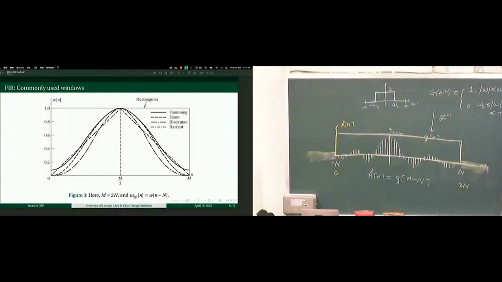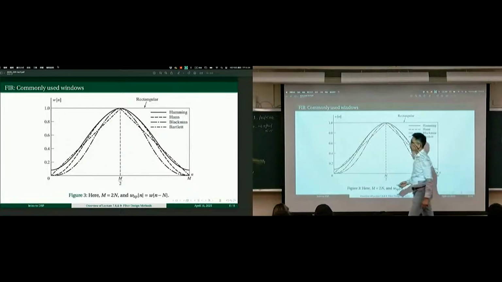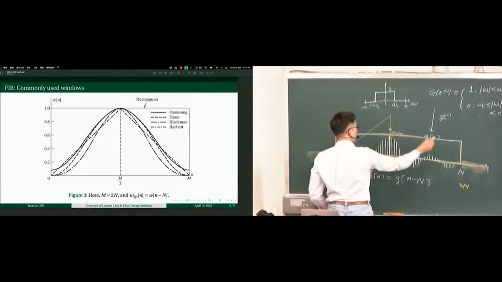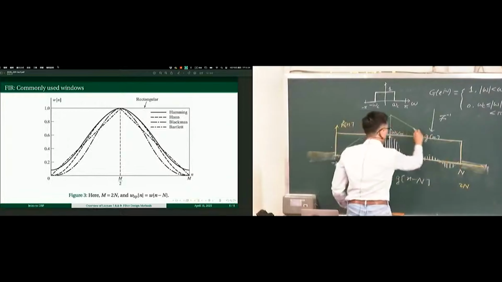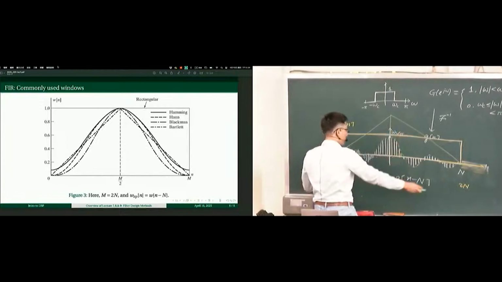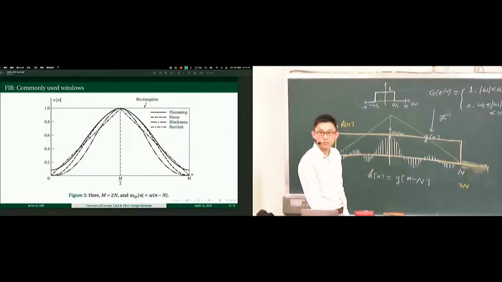Let's say we multiply it with the triangular window, for example the Bartlett window like that. You'll be multiplying the triangle sample by sample with your design, hopefully to improve the performance. That's shaping with the window function.